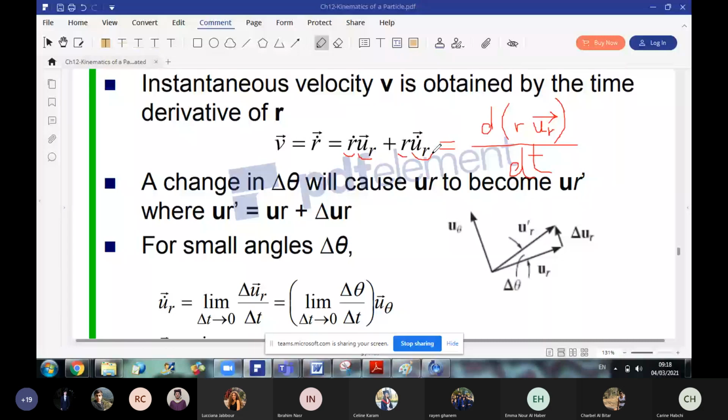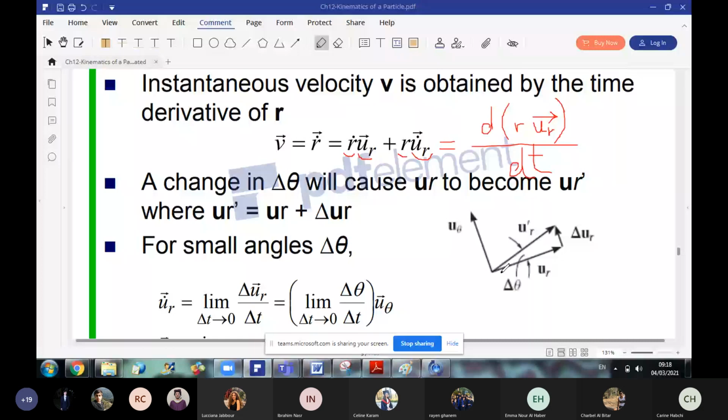We are back to dUR by dt, like dUT by dt, exactly the same method. So I will repeat it in brief here. You take two close positions, UR and UR prime.